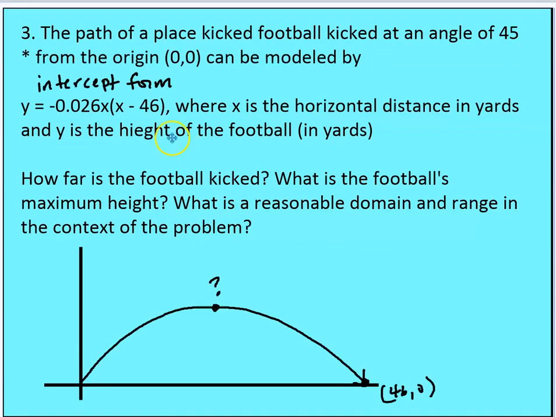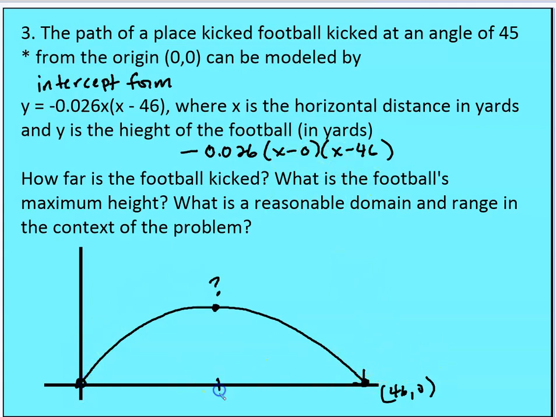All right, so let's take a look. We have intercept form here, and we can write this as negative 0.026 times x minus 0 if we wanted to write it out that way. So it would look something like negative 0.026 times x minus 0 times x minus 46, where we can identify the intercept form, the two x-intercepts at 0 here, and then 46 here.